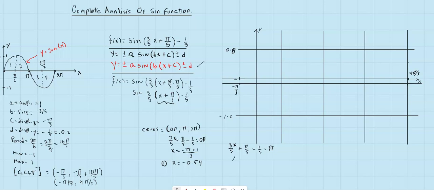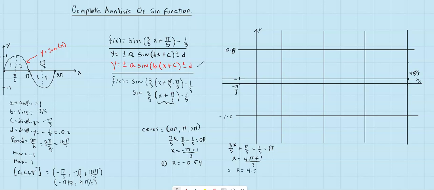So my x is going to be equal to 5 pi minus pi, that'll be 4 pi plus 1 over 3. And my value for that will be equal to 4.5.